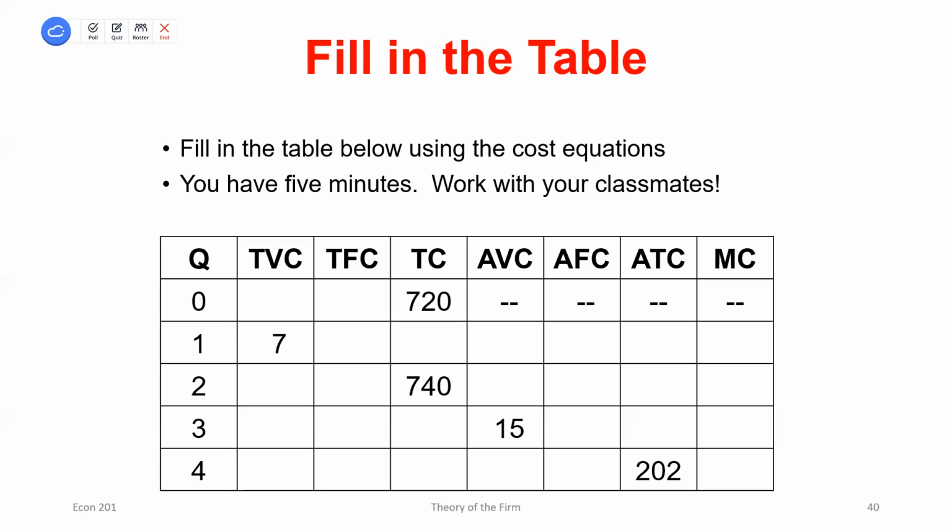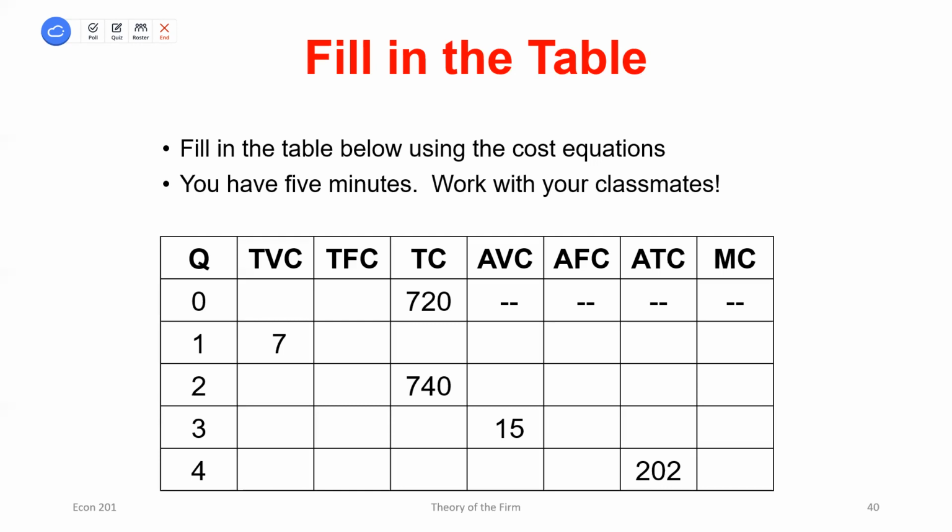So then we'll go to the next thing that we know. We'll go down here. At 2, we were also told that total costs were 740. If I know my total costs are 740 here, as soon as I know my total cost, what can I instantly calculate? My average total cost.